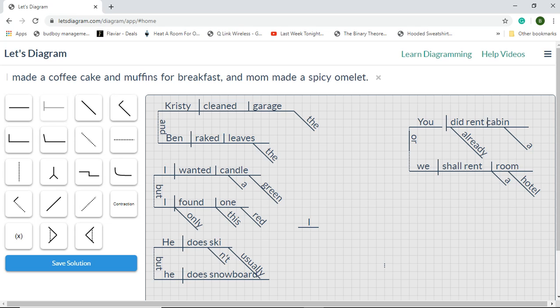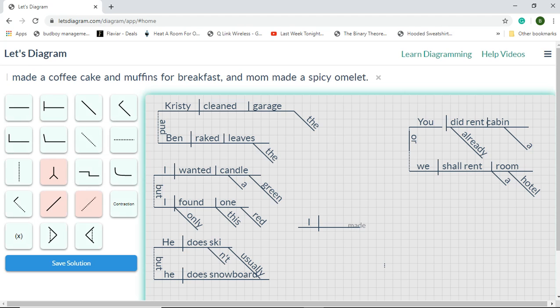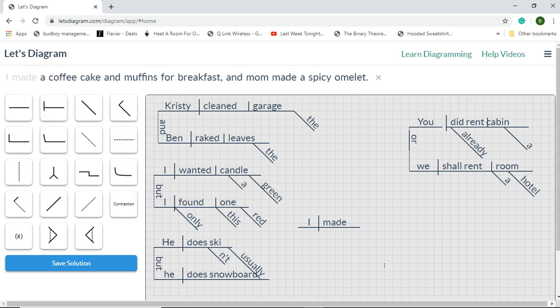And then our verb is made. That's what I was doing. I was making stuff. I made. Okay? Oh, we have a prepositional phrase in here. For breakfast is our prepositional phrase. So for is acting as an adverb, so it's modifying the verb made.